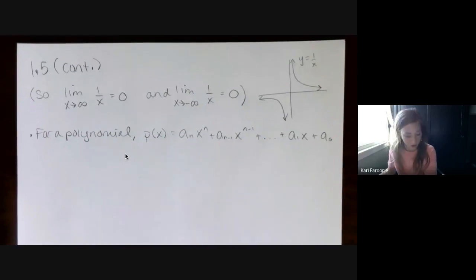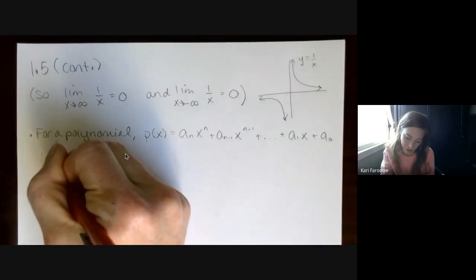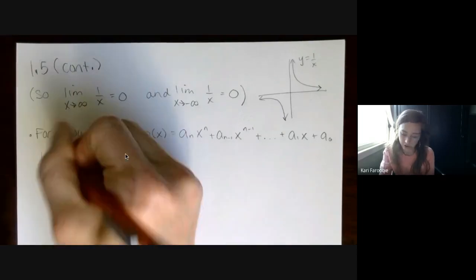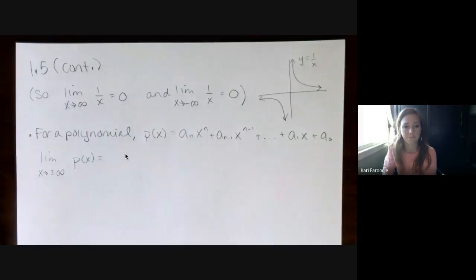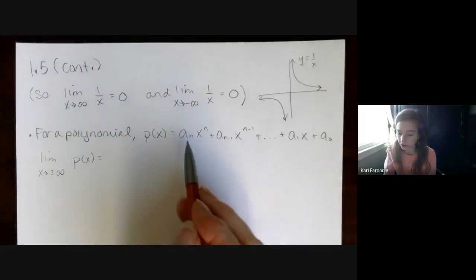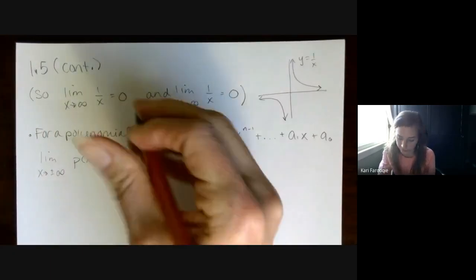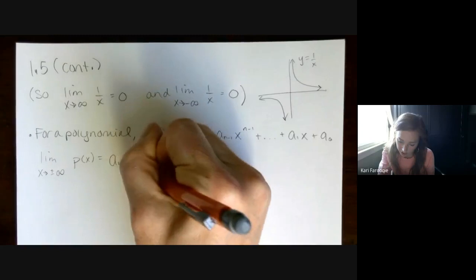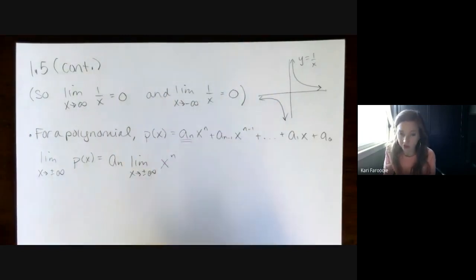So if you have a polynomial, the limit as x approaches plus or minus infinity of your polynomial p of x is going to be your lead coefficient, a sub n, times the limit as x approaches plus or minus infinity of x to the nth power.